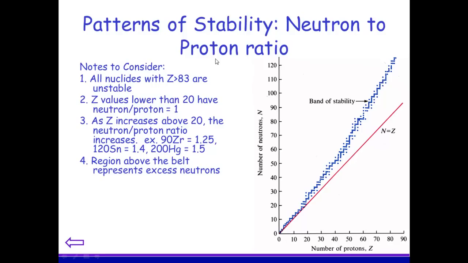We've got to think about the region above this belt has an excess number of neutrons, so they want to be able to get rid of some neutrons. That's why they're unstable. And the region below the belt has an excess number of protons. So therefore, for an element to get from a state of having an excess to being stable, they need to get rid of some of these protons and neutrons.